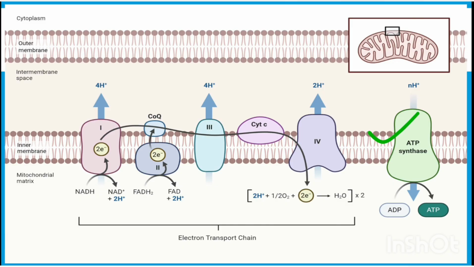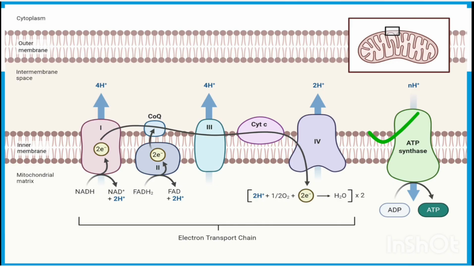Okay, so what are the key aspects? At first, free energy is released during the electron transport chain. We have to remember that. Then an electrochemical proton gradient occurs due to pumping of protons during electron flow. And the final one is the participation of the ATP synthase complex, which is located within the same inner membrane of mitochondria along with the 4 respiratory complexes.